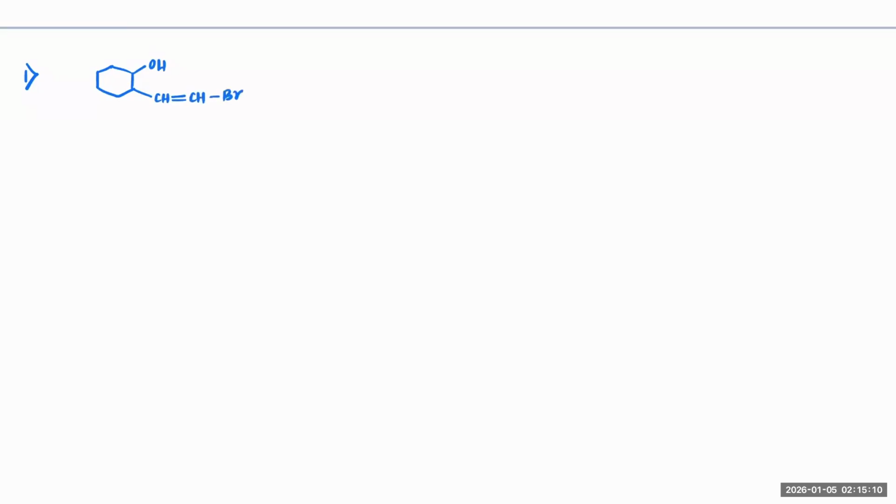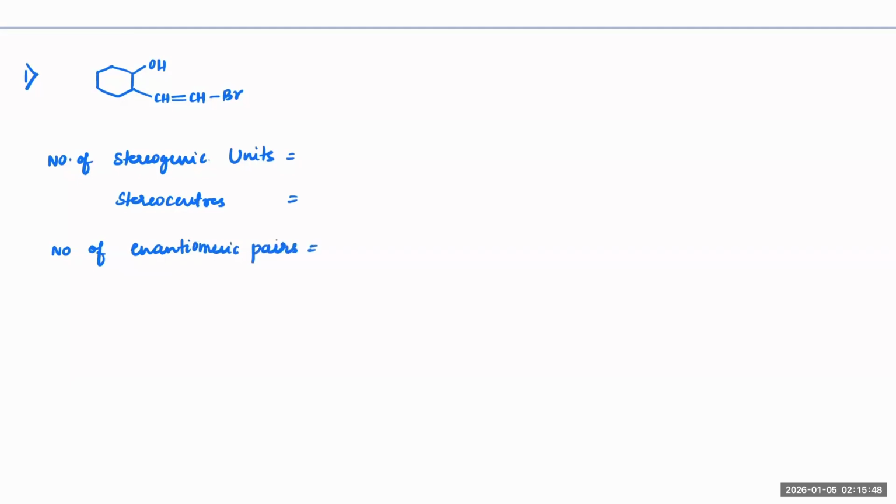Now we need to find out the number of stereogenic units. First question, how many units do we have? Next one is stereocenters. How many do we have? Number of enantiomeric pairs: how many do we have?